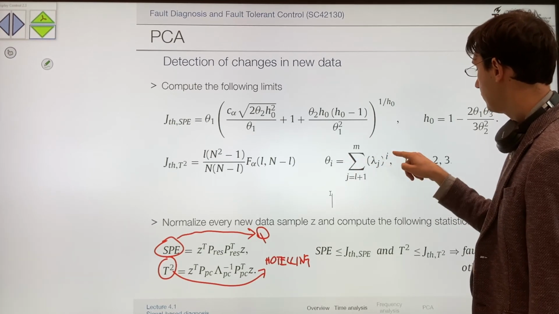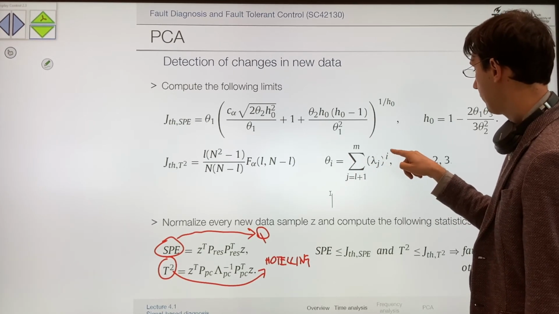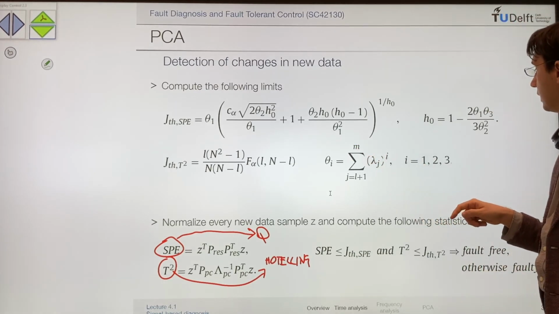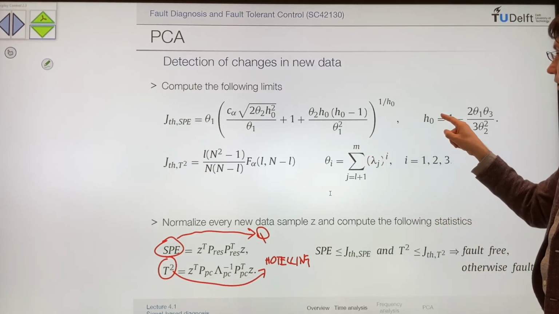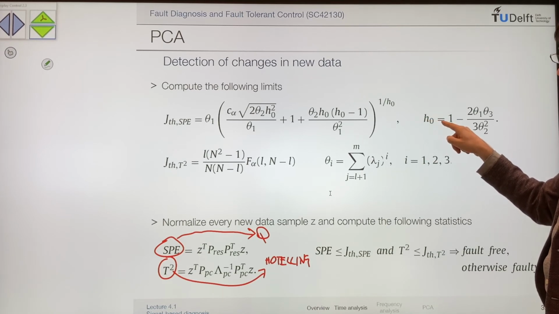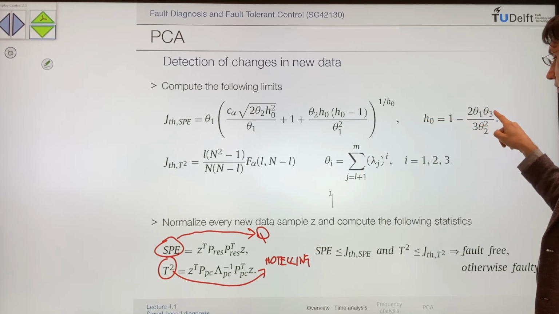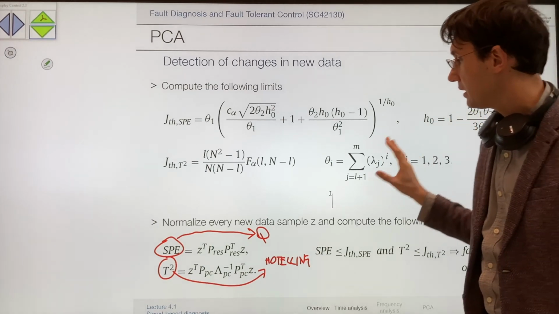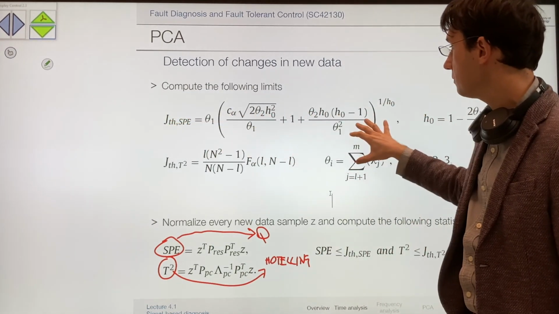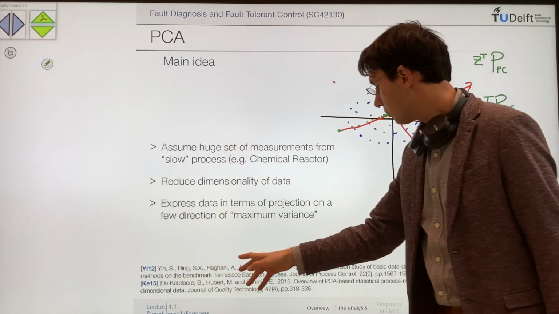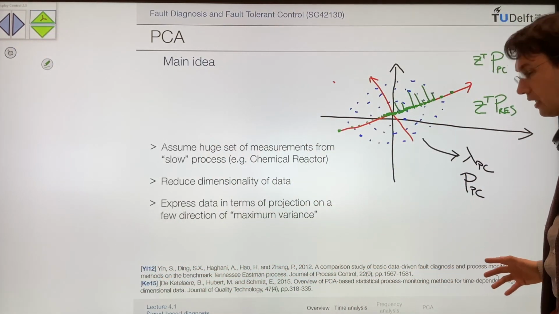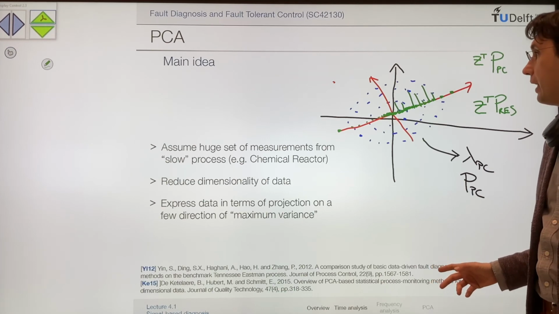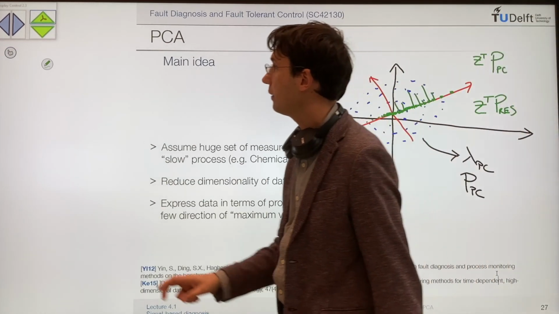So theta i, you have a 1 to the i power here until the last one. Then you have this h0 that is computed this way. Anyway, if you want some details about how to compute these, you can look up these two papers that are explaining the approach in quite a simple and complete way.